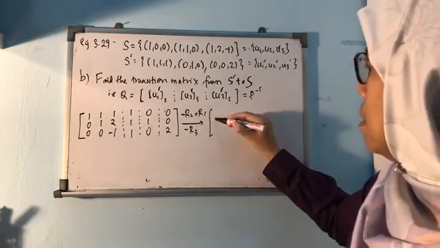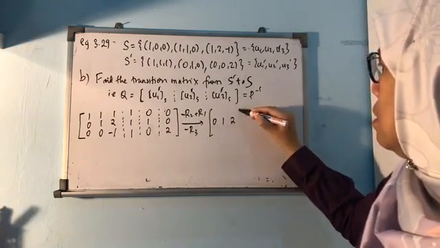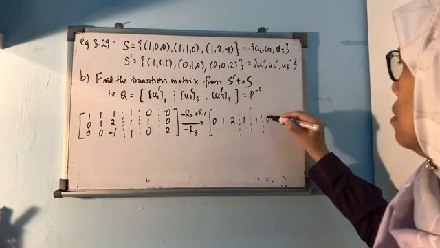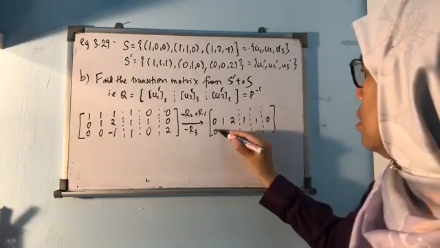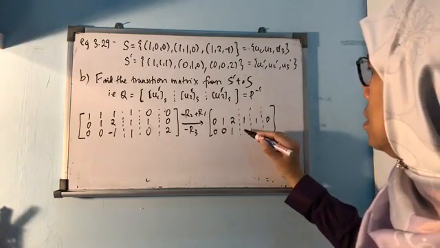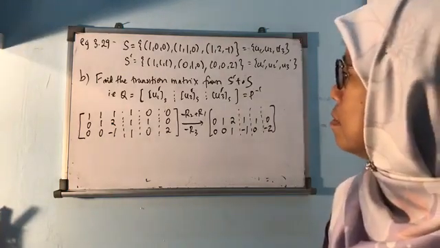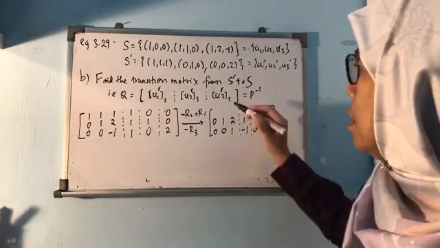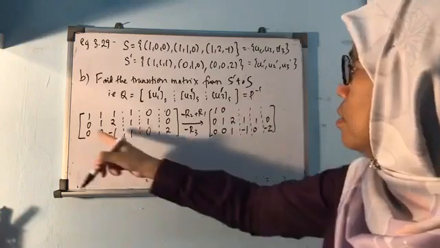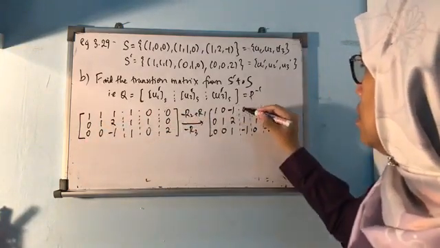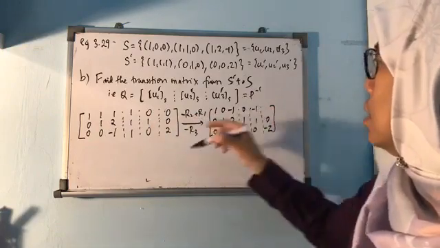Okay. 1 ni yang tidak berubah. 0 0 1 negative 1 0 negative 2. Okay, 1 0 negative 1 0 negative 1 0.